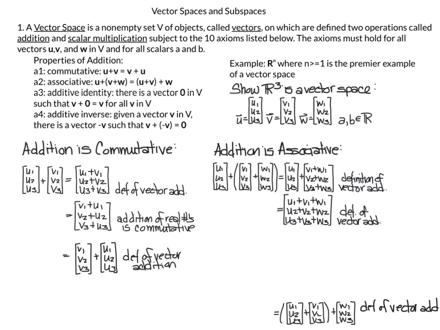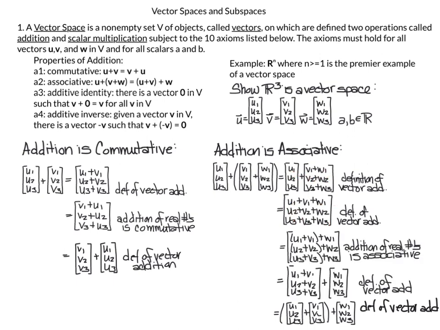So I add them, and I get v1 plus w1, v2 plus w2, and v3 plus w3 as one vector. Now this is my new vector, and I can add the two vectors. According to the definition of vector addition, I'm just going to add the u1 component to v1 plus w1, u2 to v2 plus w2, u3 to v3 plus w3.